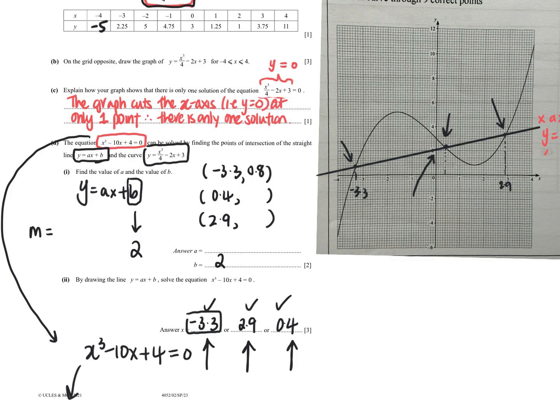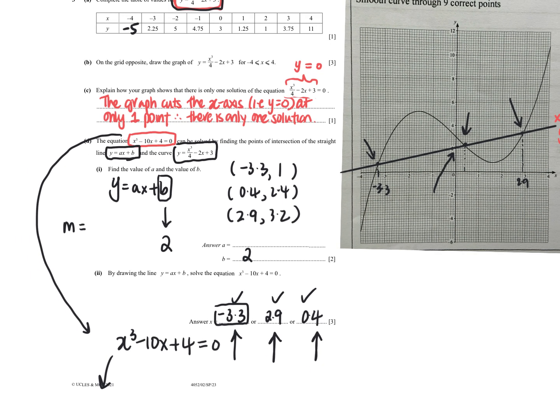This one is 0.4, and this one is 1. Then one more, what's the 2.9 one? 3.2.